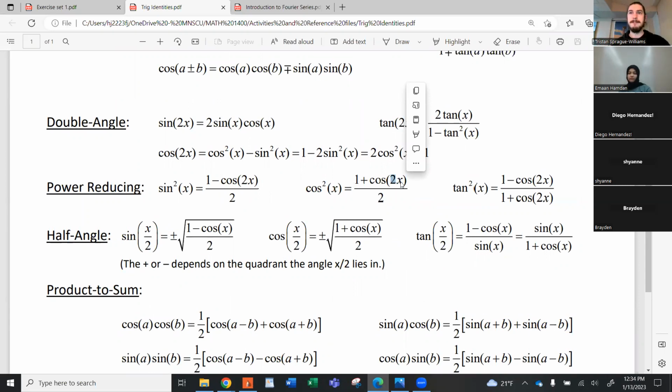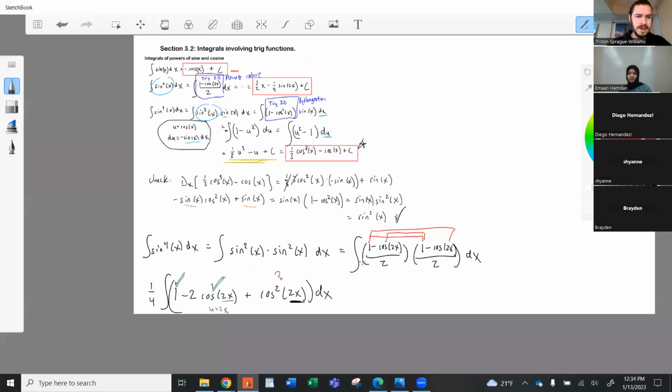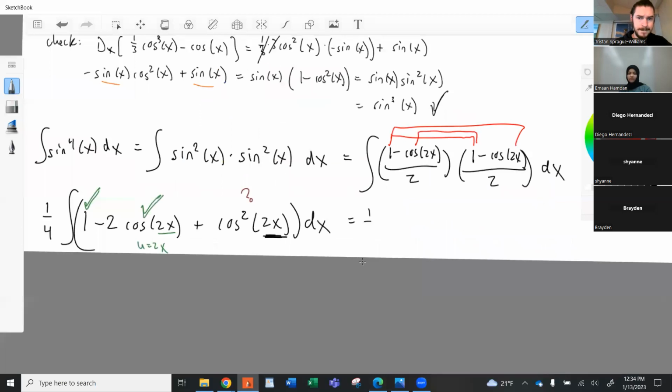Okay? So what we get when we apply that formula is 1 plus cosine of 4x all over 2.